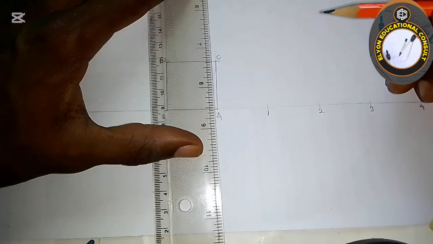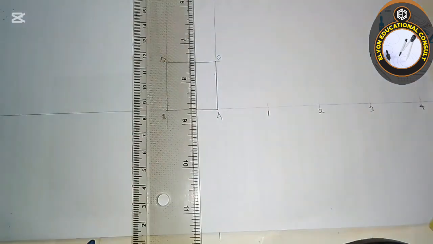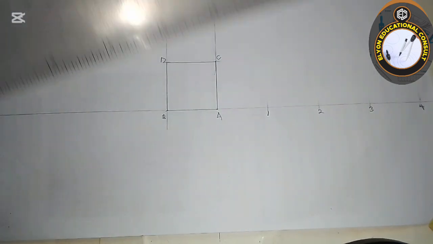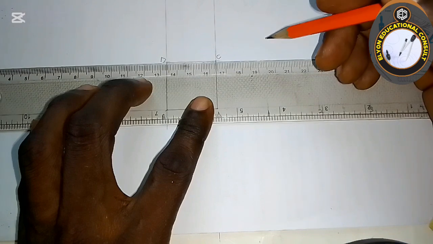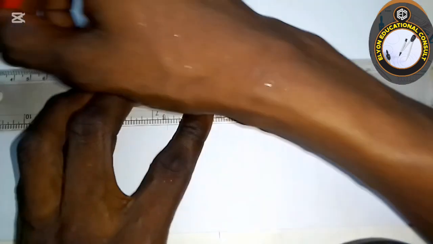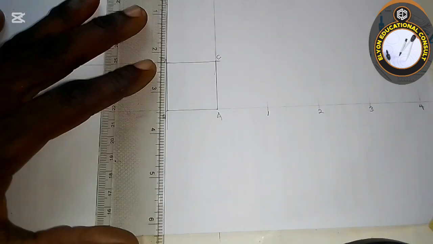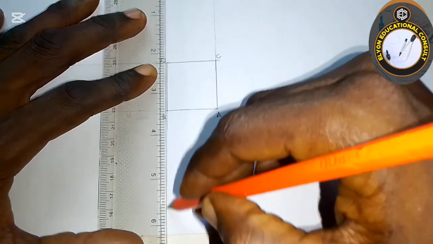Let's extend AC this way. Then let's extend DC, or CD, this way. Then I will extend BD, dropping the line down this way.